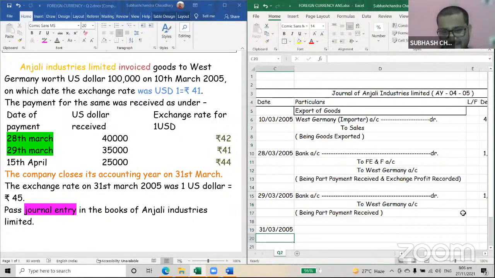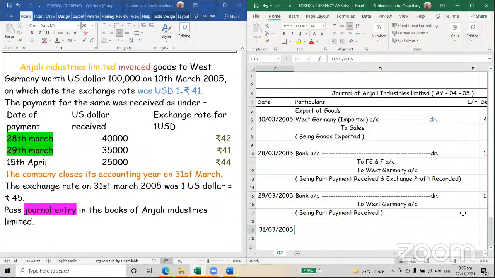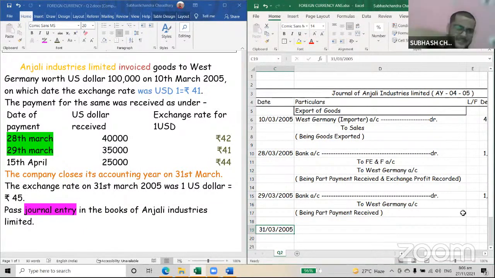Especially if you are from CA, CS, CMA and all the professional fields, then 31st March is always your deadline. What we say, it's a Roji Roti ka day, the day to earn the money.